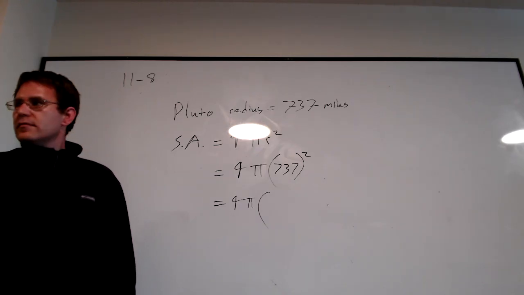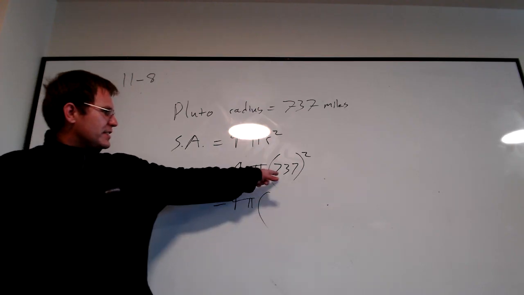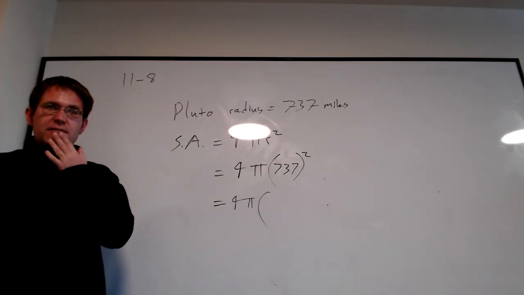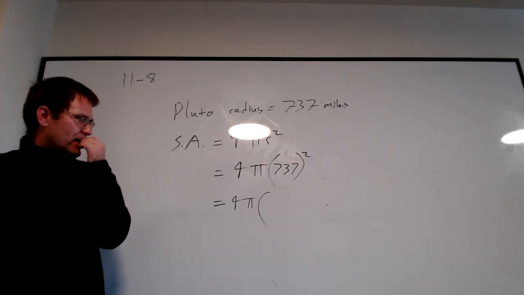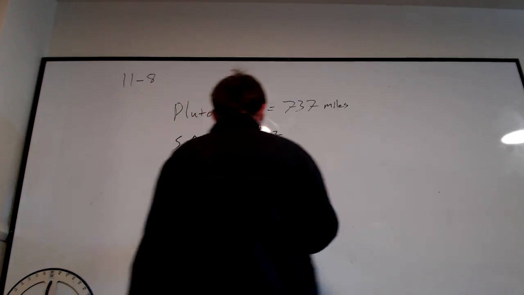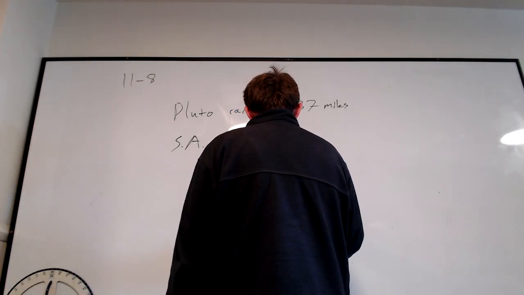Wait, so am I doing 4 times pi times 737? We're doing just 737 squared right now. What is 737 squared? I got 543,160.